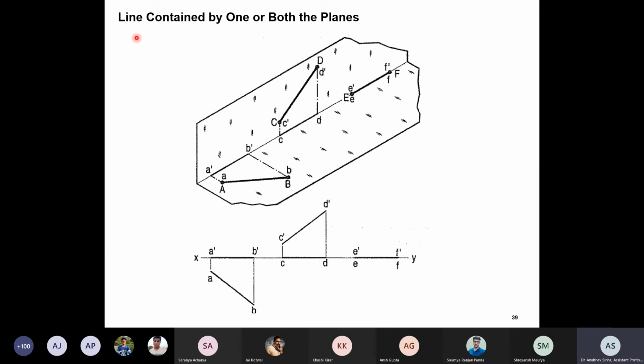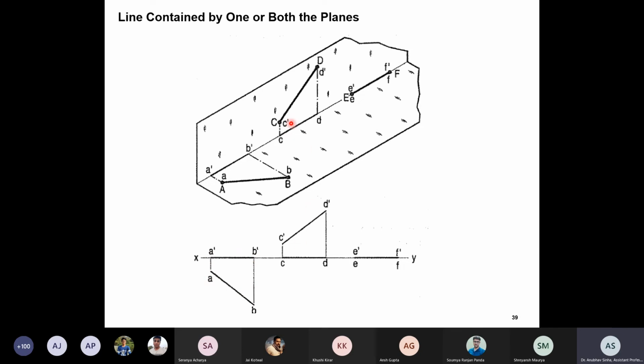Now say that this line is contained by one or both the planes. So this is lying in the vertical plane. This is lying on the horizontal plane, intersecting that plane. This is lying in the reference line itself. So AB, you will draw the projection of AB on this plane, A, B, and then you will take straight parallel lines, which will form A dash B dash.